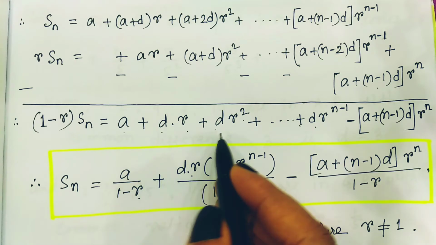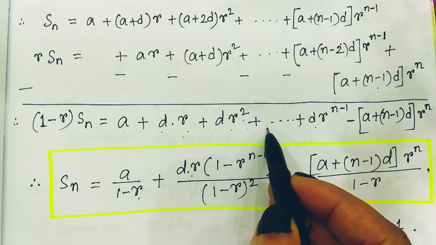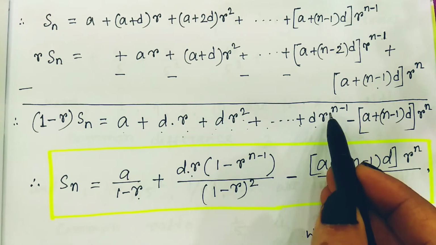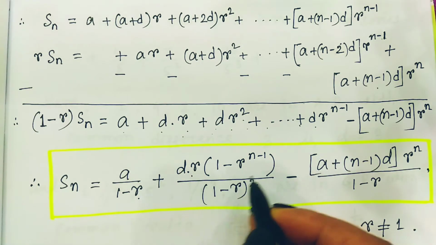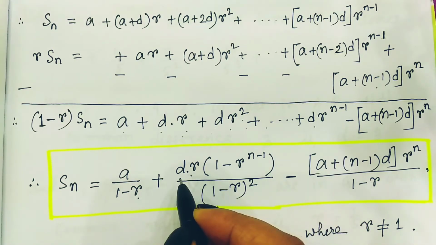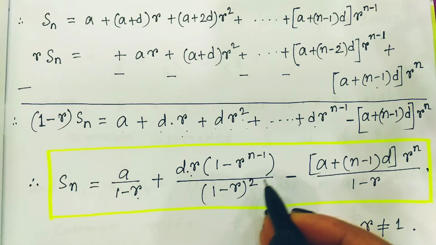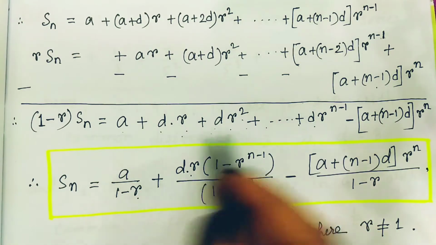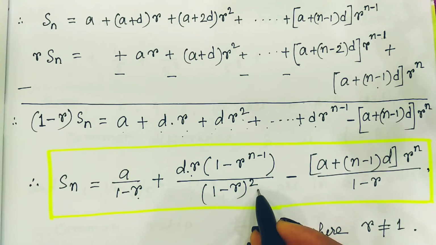If we take DR common, then it is 1 plus R plus R square, and in this way up to R to the power n minus 2 it will continue. So in total there are n minus 1 terms, so we can write DR into 1 minus R to the power n minus 1, whole divided by 1 minus R, as from the formula. And for this 1 minus R, it becomes a whole square.